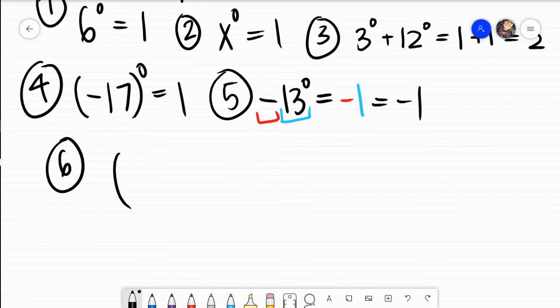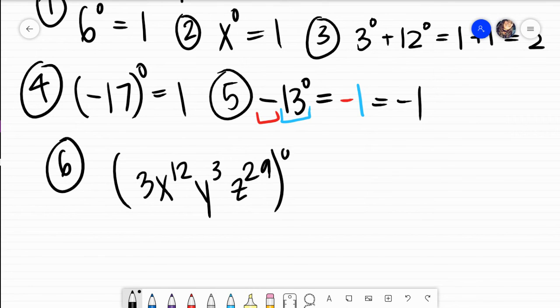Say we have in parentheses 3x to the 12th power, y to the 3rd power, z to the 29th power, close it, raise it to the third power, raise it to 0 power. We have 0 as an exponent.